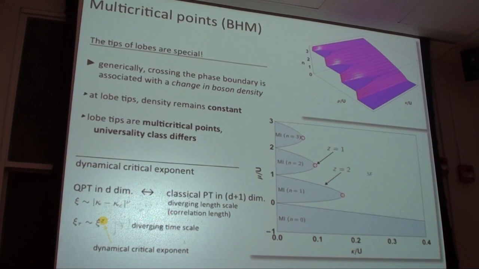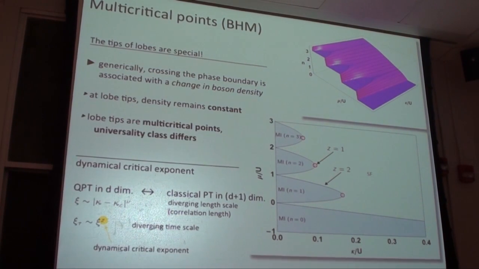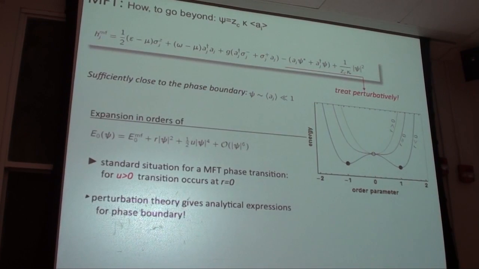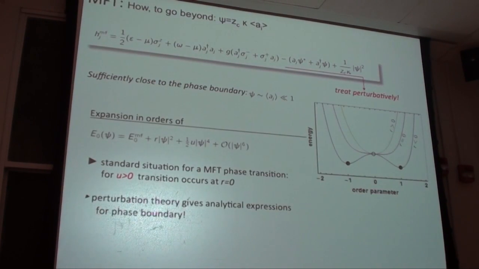Still, you have a mapping between the two in terms of a phi-4 theory. So if you are very close to the phase boundary, the way that you can see the mapping between the Bose-Hubbard and this model is that they have the same field theory. In this sense, they are very similar because they obey the same second order phase transition.